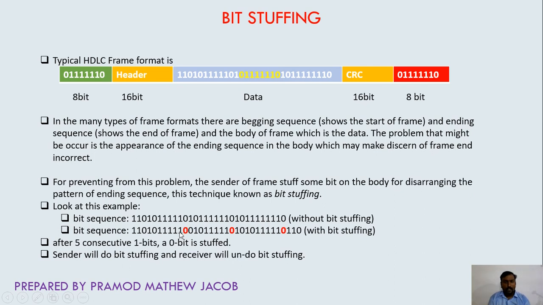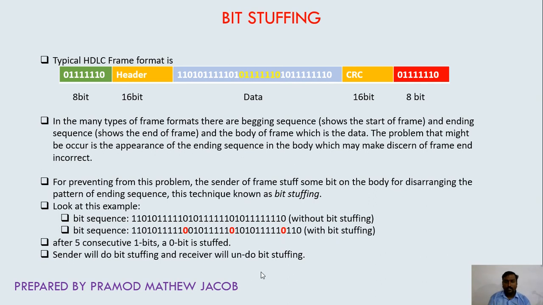So after 5 ones we stuff a new bit 0, and again we add the other values, that is exactly 0 1 0 1 1 1 1 1. Again 5 ones are encountered, so we stuff again with a 0. Then the same data is packed back to back, and again we encounter 5 ones in continuous locations, so again we stuff a new bit 0. So this is called bit stuffing.